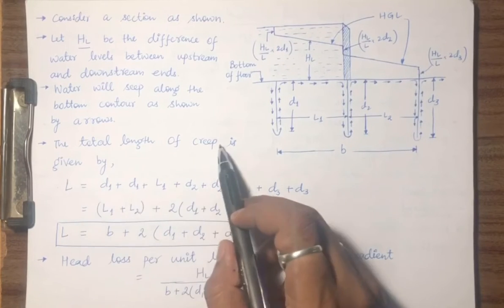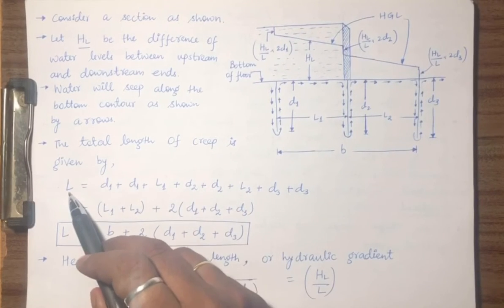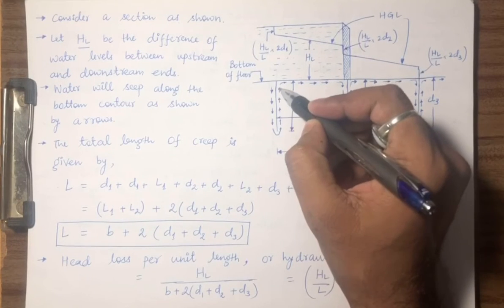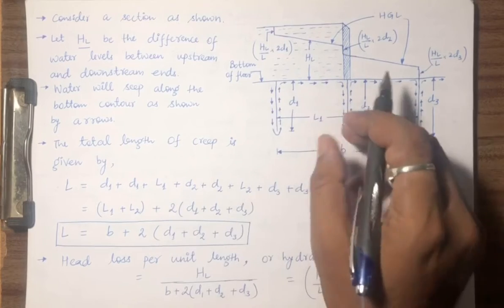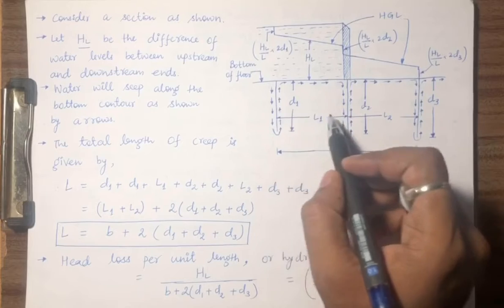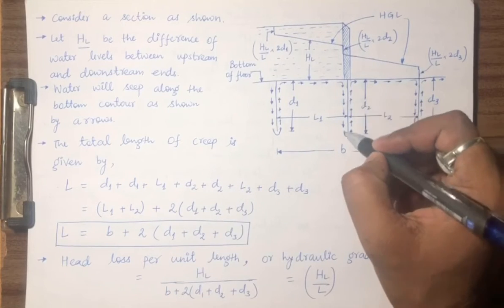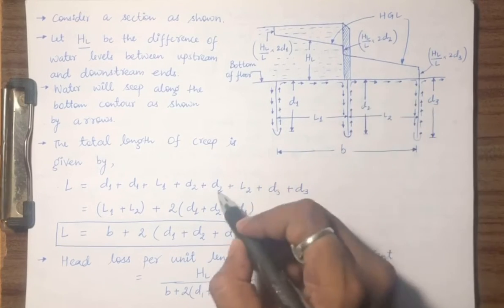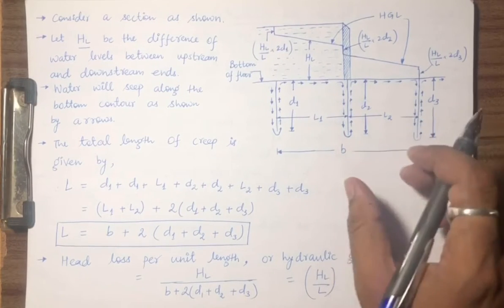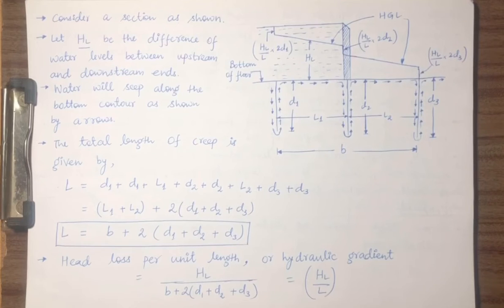So the total length of creep is given by what? D1 plus D1, so this D1, then again this D1, then L1, the distance between two piles, then D2 plus D2, then L2, then D3 plus D3. So in this way we can calculate the length.